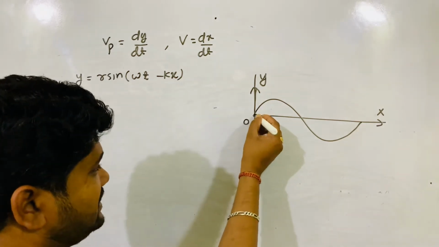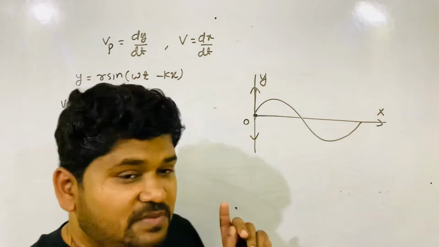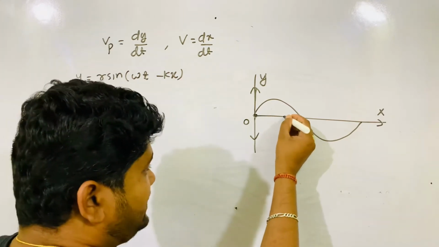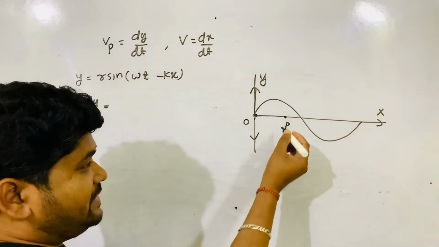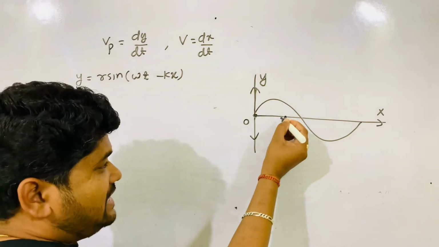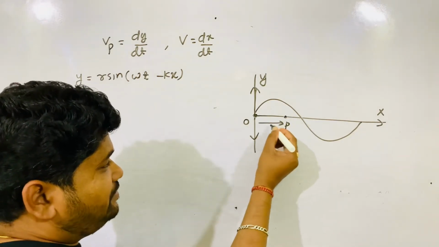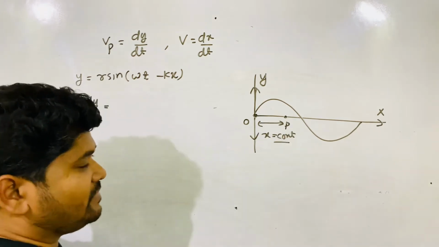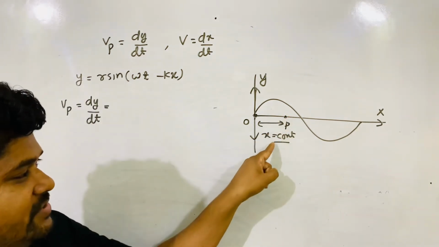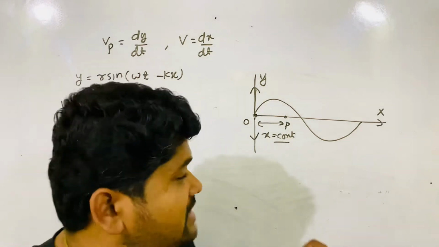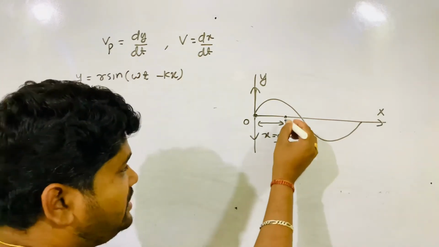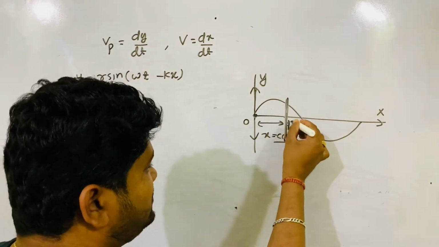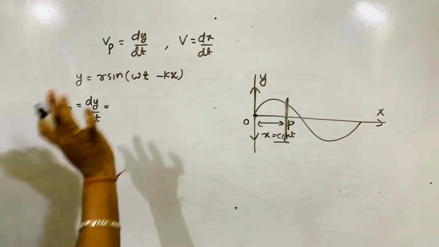Suppose the origin particle, or any position, for example this position. For this particle x is constant, because I will see only the particle at point P, which oscillates in this direction.